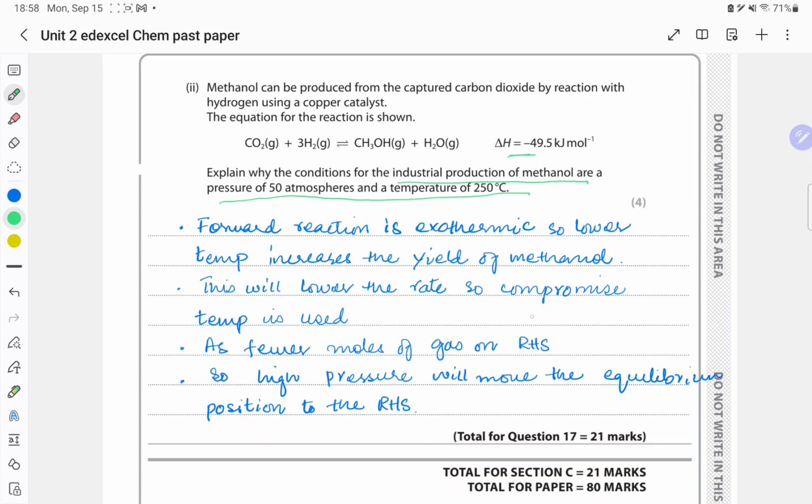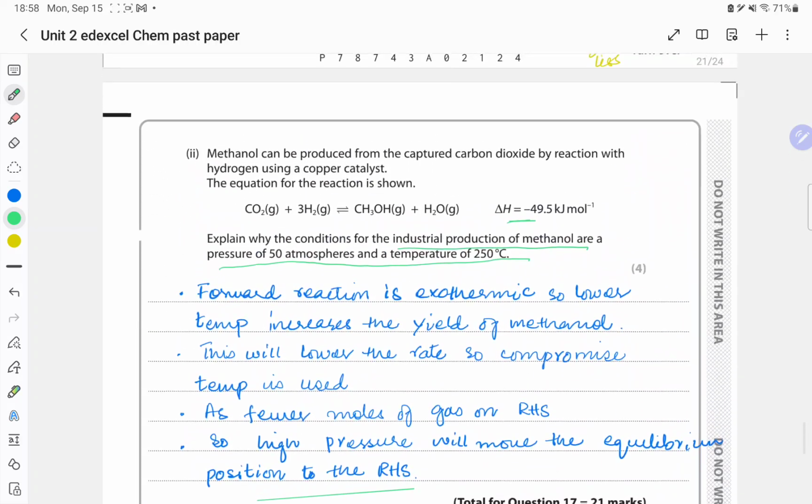This will lower the rate, so a compromise temperature is used. Here we are going to compromise on the temperature. As there are fewer moles of gas on the right hand side, high pressure will move the equilibrium position to the right hand side, because here we are interested in producing more of the product, that is the methanol. So this is how you're going to solve this.